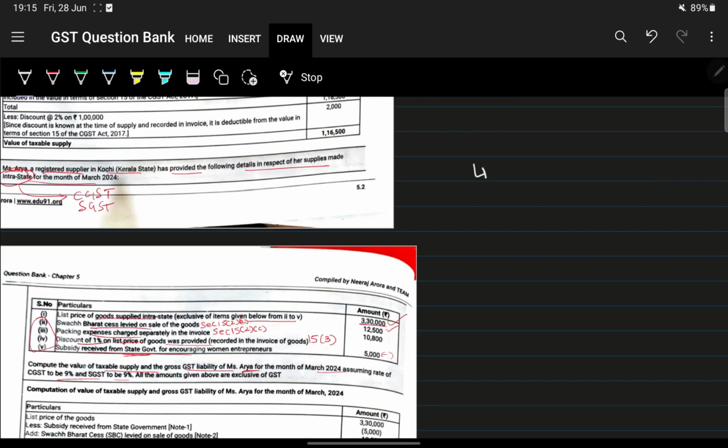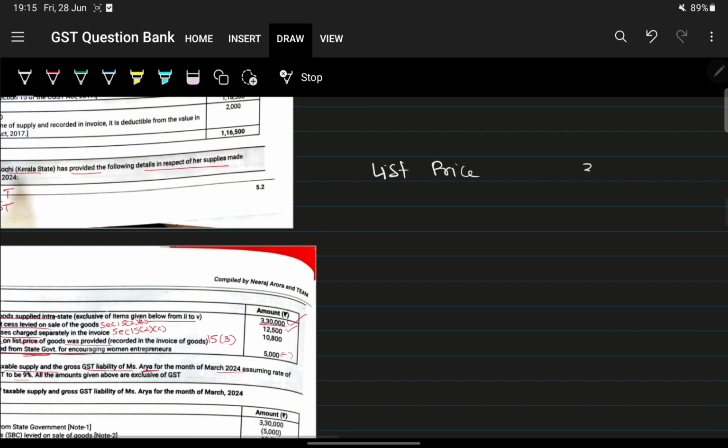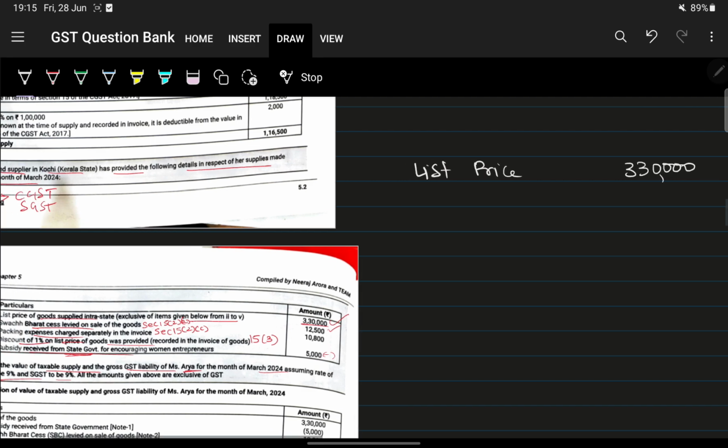Okay, so the list price is 3,30,000, and then followed by Swachh Bharat cess of 12,500 rupees. Okay, this we will write in note 1. Okay, what is note 1? I'll just write the section number. I'm pretty sure you'll be able to write what is in that section, right?